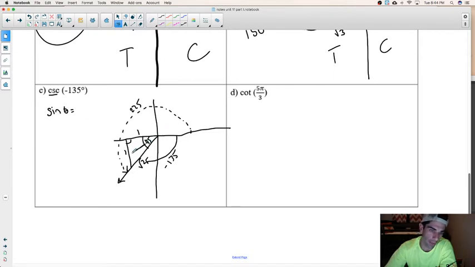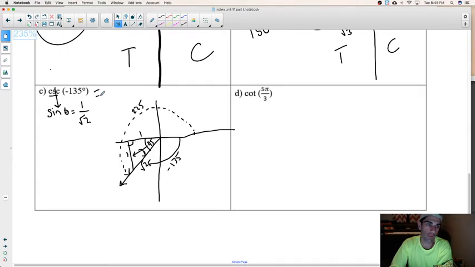Sine is opposite over hypotenuse, which is 1 over radical 2, right? Now, since they said cosecant, it's a reciprocal function, so I reciprocal that, and that's going to be radical 2 over 1.